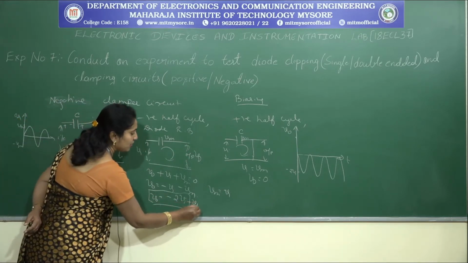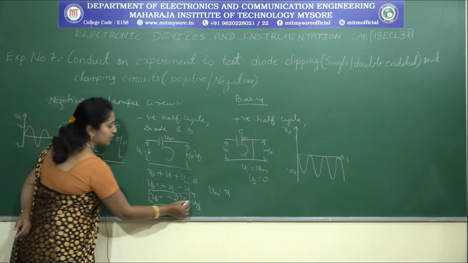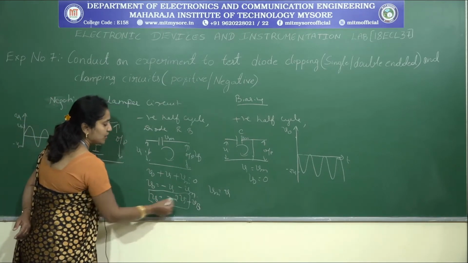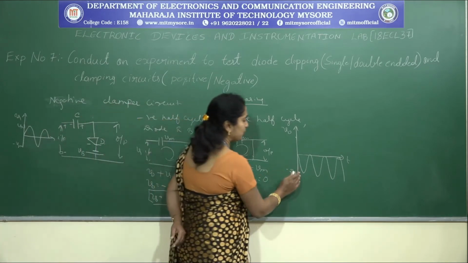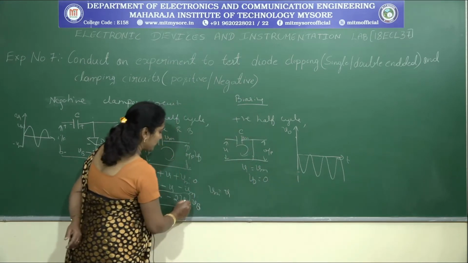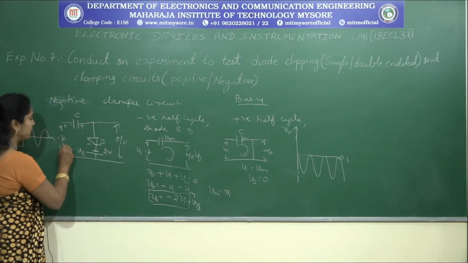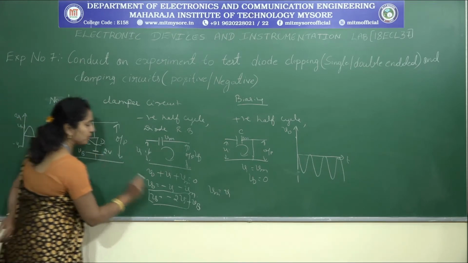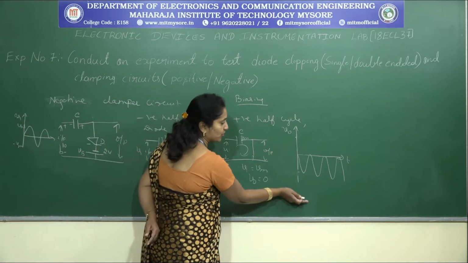Whatever biasing voltage you have applied here is going to add with the input. Suppose you have applied 2 volts and the input is 10 volts. So 10 plus 2 is equal to 12 volts, and it is going to shift downwards.